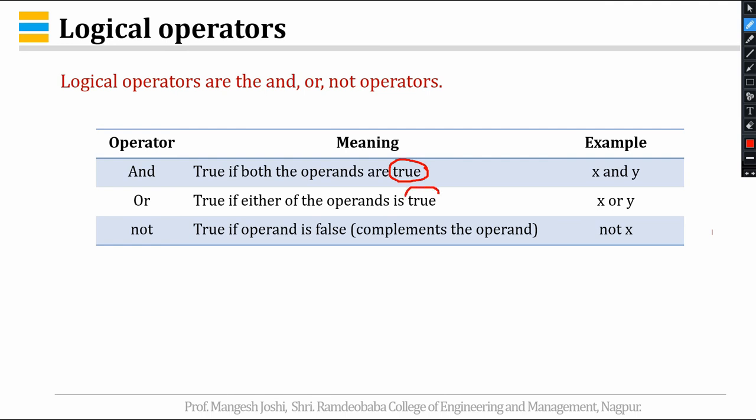Or will return the true value if either of the two operands is true. Okay. And the third operator is the not operator. It basically returns the complement of the operand. If the operand is true, then it will return false. If the operand is false, it will return the true value. Okay, let us see this with the help of an example.